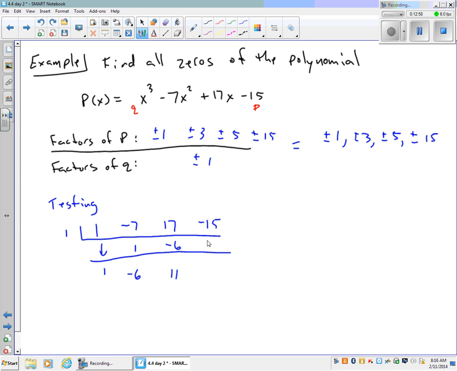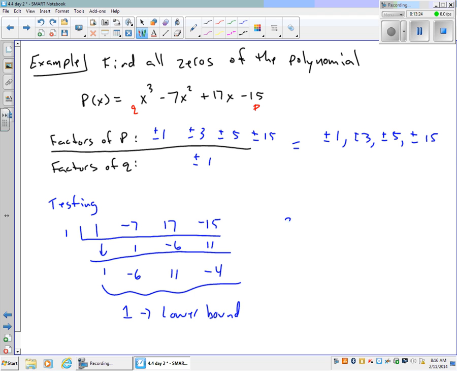Add down, I get negative 4. So I didn't get a 0, but if you notice, I have alternating values here. And if you remember from upper and lower bounds, this is a lower bound. So my 1 is a lower bound. Okay?